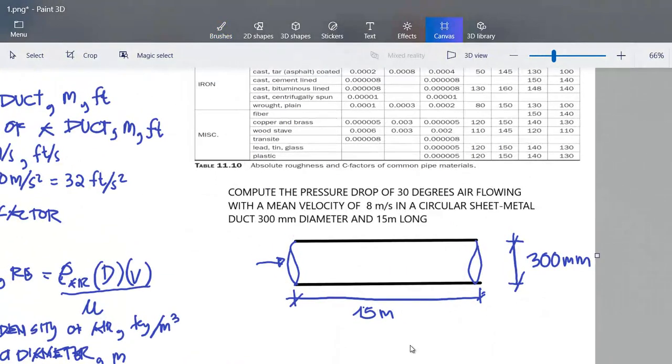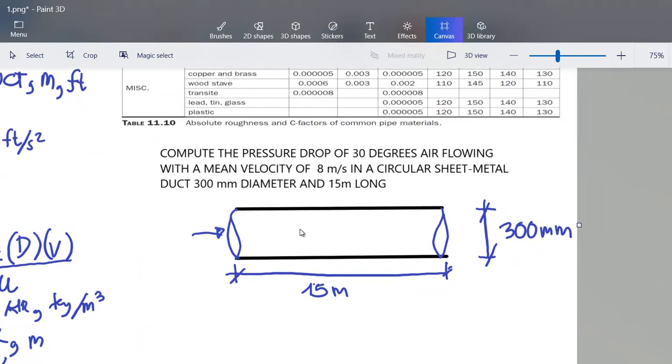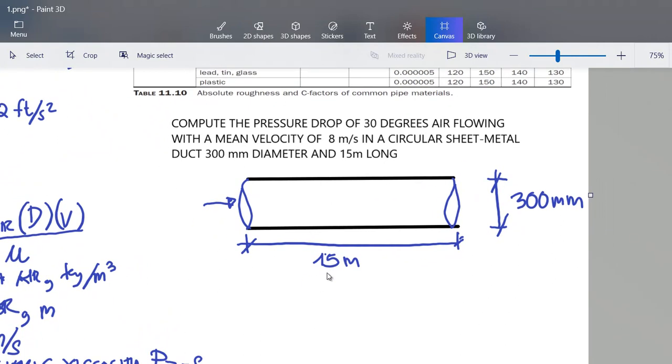So let's do a sample problem. Compute the pressure drop of 30 degrees Celsius air flowing with a mean velocity of 8 meters per second in a circular sheet metal duct which is 300 mm in diameter and 50 meters long. Okay.